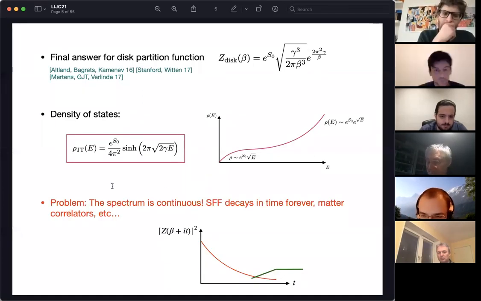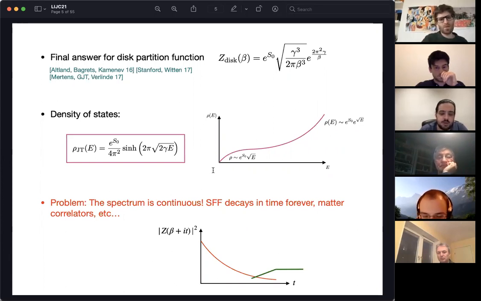But before I move on, let me mention that we will sum over topology. Why do we need to do that? The problem is that this spectrum is continuous. There is something called the spectral form factor, which you can think of basically as a pure gravity version of the two-point function, and this decays in time forever. In holography, we know that if the system is dual to a holographic theory with finite entropy, then this cannot decay forever.